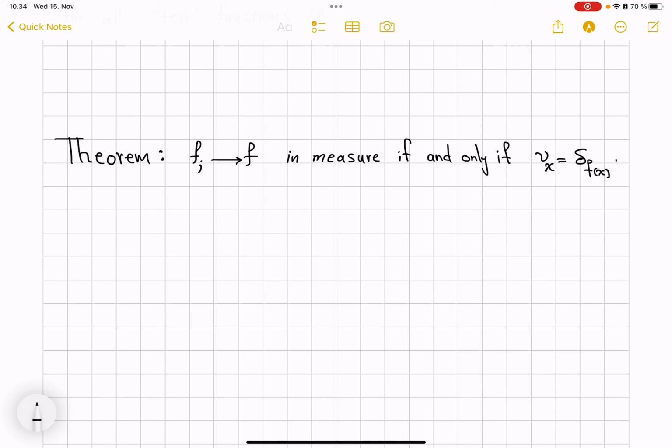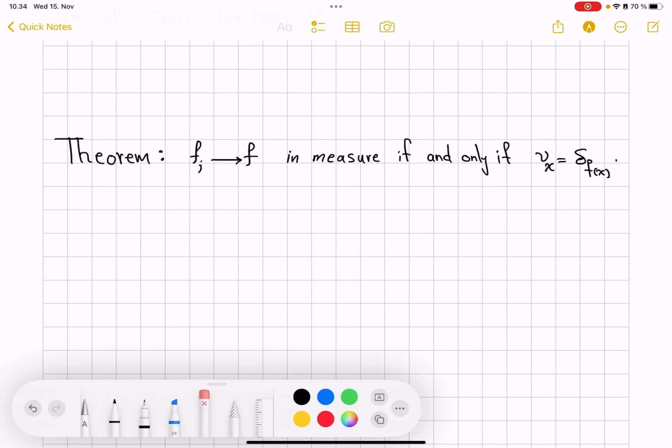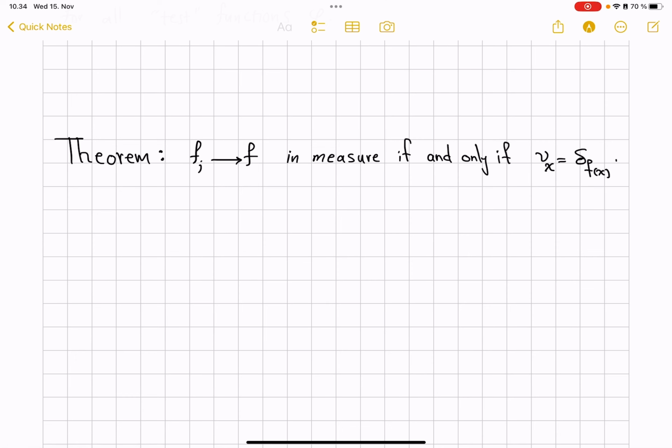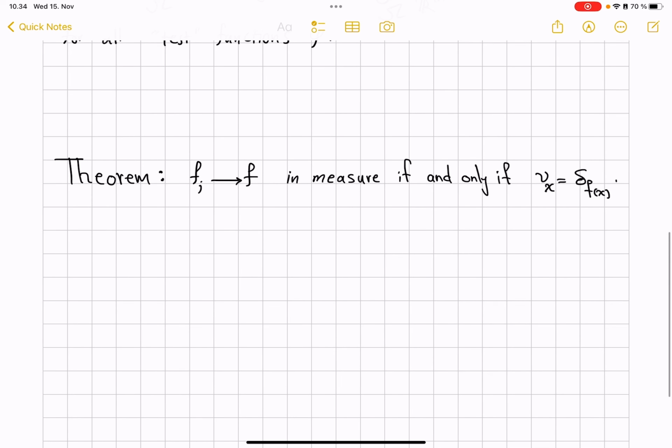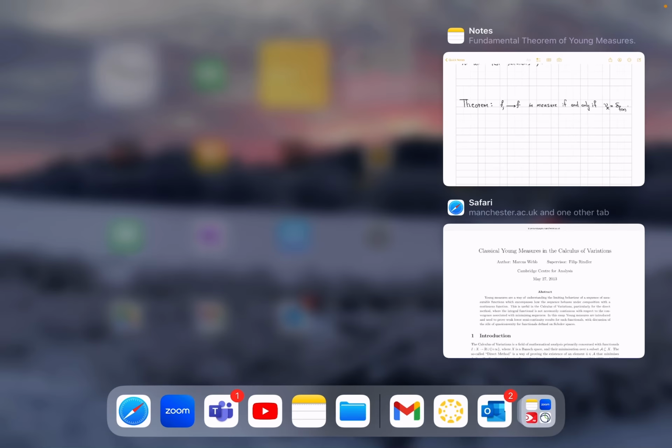So of course these Young measures are not one measure, it's per every x, so this x appears here. So this is an indication that it really generalizes the usual convergence, but then there are many examples where we have convergences that are not obvious, or we cannot interpret in the classical sense.